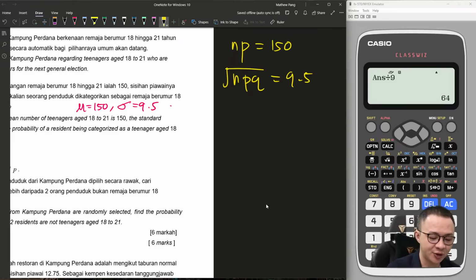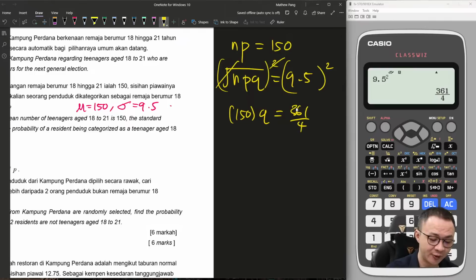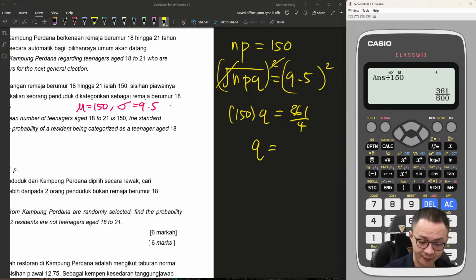The first thing is I square both sides. This one I cancel, and then I substitute the NP, NP is 150. Q equals 9.5 squared, which is 361 over 4. Then Q will be this answer divided by 150, which is 361 over 600.